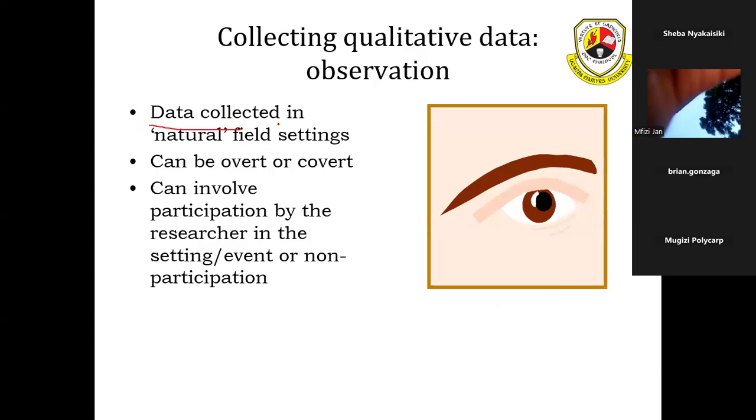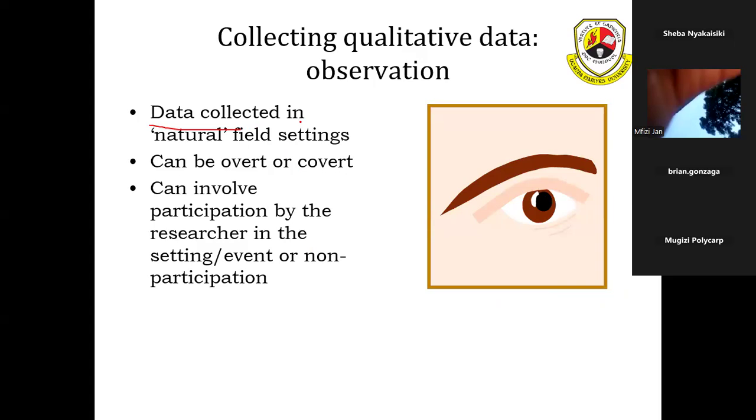Then you have observation. You can collect data through observation, either overt or covert. Covert means hidden, and overt means what is actually out there that you can see. So covert would be, maybe you give participants something to do and you observe in a hidden format.